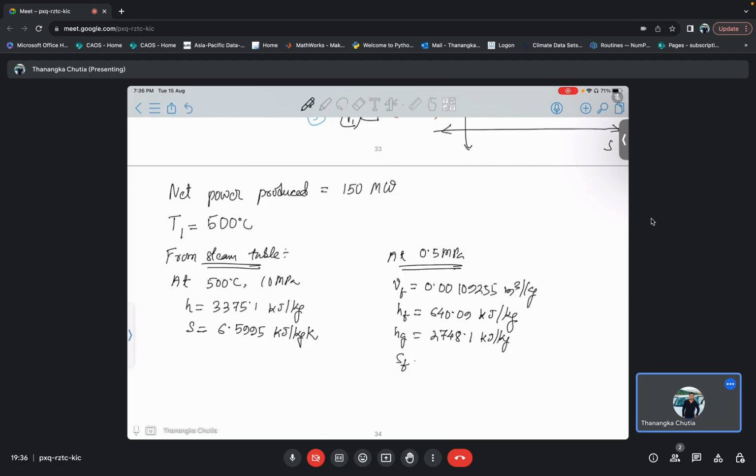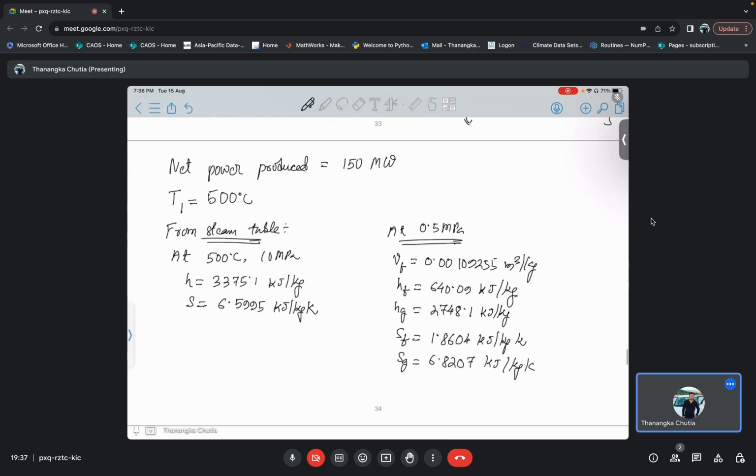Sf is given as 1.8604 kilojoule per kg Kelvin, and Sg is 6.8207 kilojoule per kg Kelvin. And again at 0.016 megapascal, Vf is given as 0.0010471 meter cube per kg.